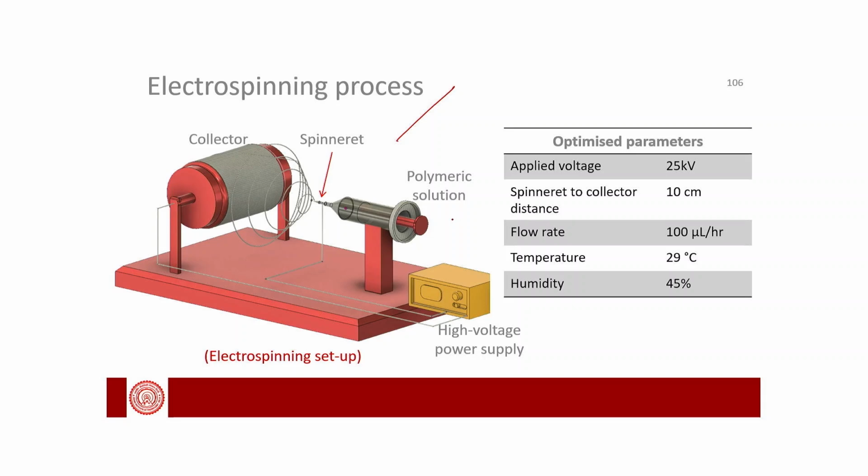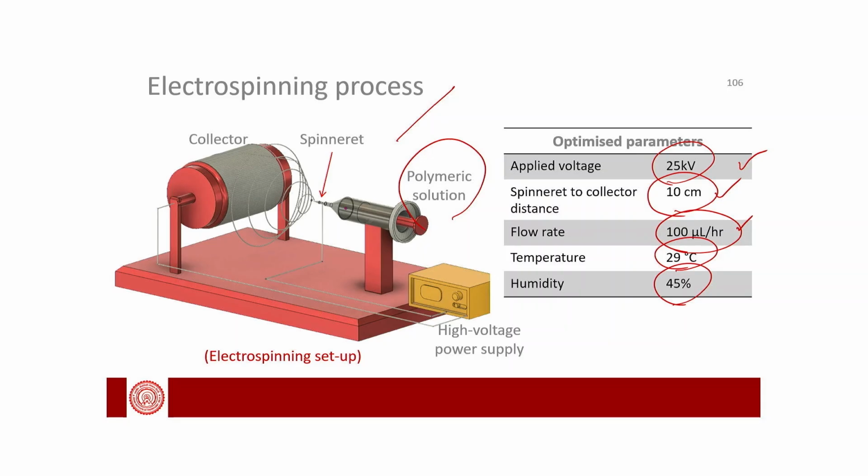Here the polymeric solution was used with all different proportions, and in the electrospinning a high voltage of 25 kilovolt was used, keeping the spinneret to collector distance at 10 centimeter, flow rate 100 microliter per hour, temperature 29 degree Celsius, almost room temperature, and humidity 45%.